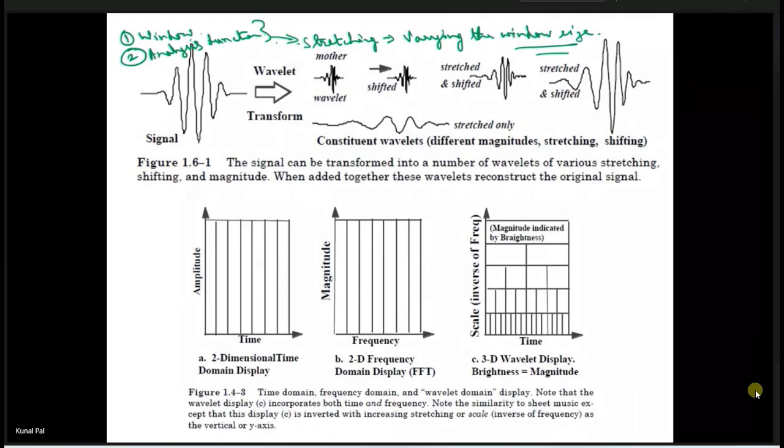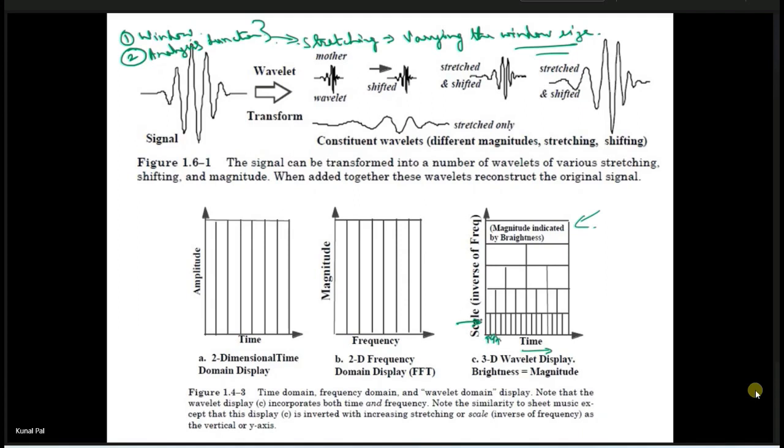In a typical wavelet display you will have time on the x-axis and scale, which is basically the inverse of the frequency, on the y-axis, and the magnitude is denoted by the brightness. Now, if you see, the lower part is the high frequency. At high frequency you have a small window size.